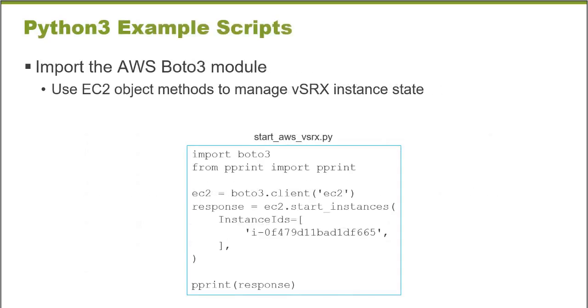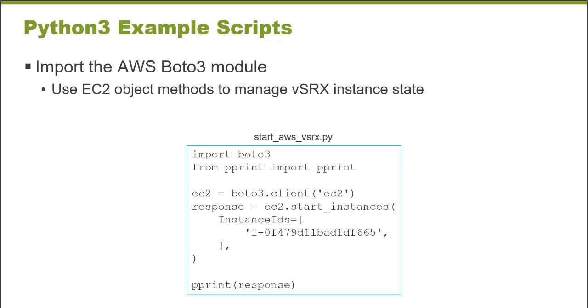Once the Boto3 modules have been installed, you'll be able to leverage their functionality in Python scripts. This example Python script will start a vSRX instance that's identified by an instance ID. I currently have a vSRX instance running in AWS, and many of the Python modules use the instance ID parameter to identify the actual EC2 instance you would like to perform operations on.